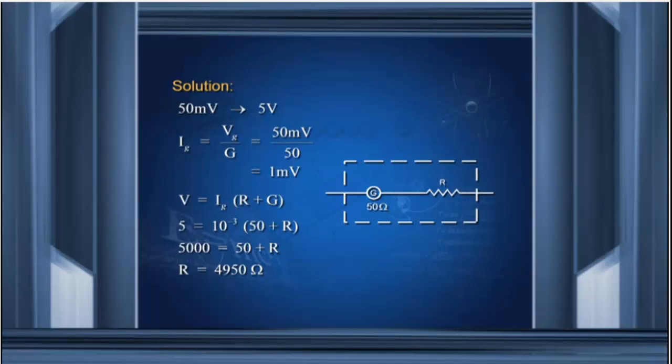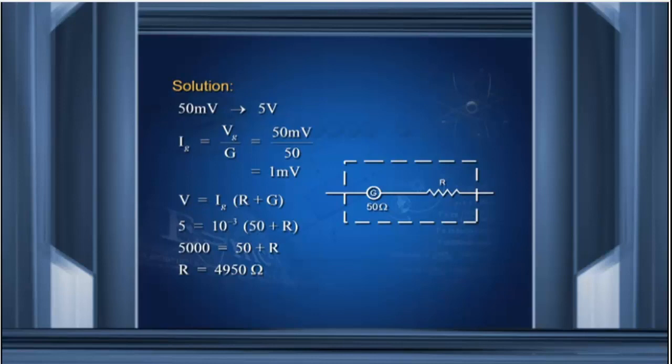We know the maximum potential difference measured by the voltmeter V equals Ig into (R plus G). So, substituting the value of V and Ig and the value of the galvanometer G, we come to know that 5 equals 10 to the power minus 3 into (50 plus R).